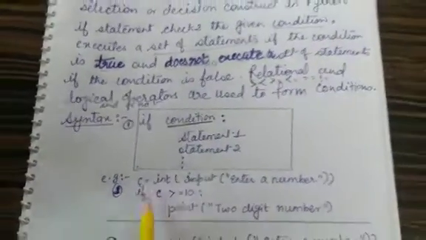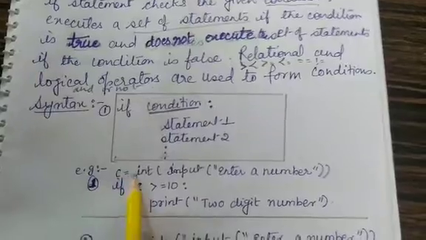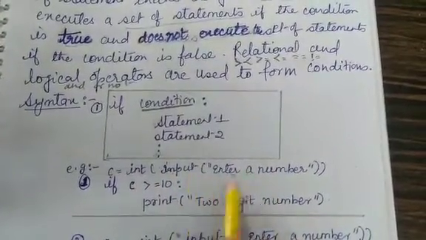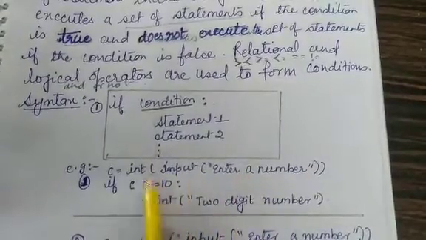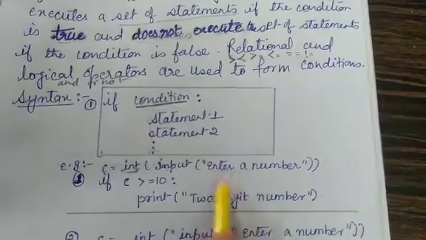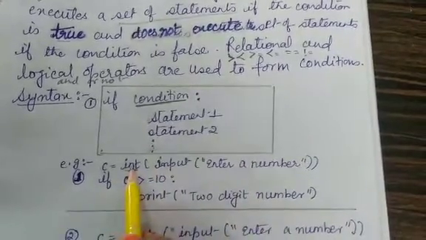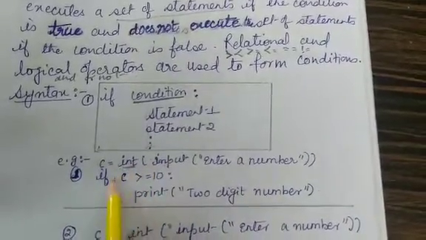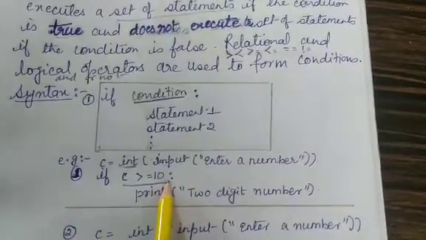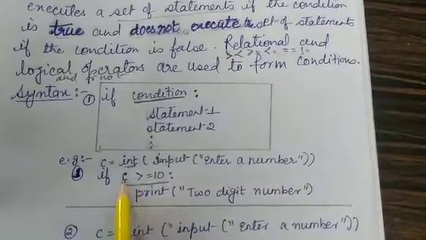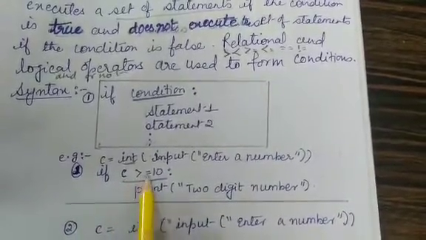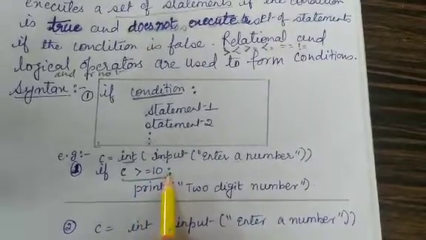Now for example, if you write the statement c = int(input("Enter a number")), this statement will input a number because you have written int. Using the int function, you convert whatever is entered into integer format. So you have to enter a number here. Now this is a condition. See how the condition has been framed. If you want to check whether c is greater than or equal to 10, your statement will be if c >= 10 colon.